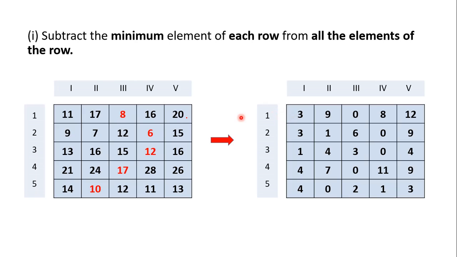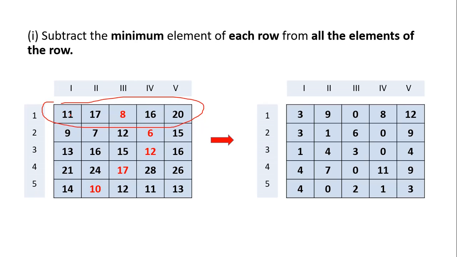So all the numbers: 11 minus 8 is 3, 17 minus 8 is 9, 8 minus 8 is 0, 16 minus 8 is 8, and 20 minus 8 is 12. So here you can see the row-wise operation.